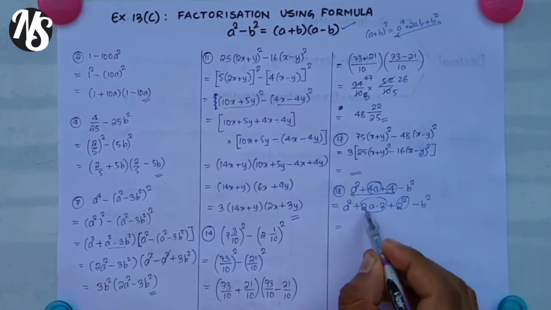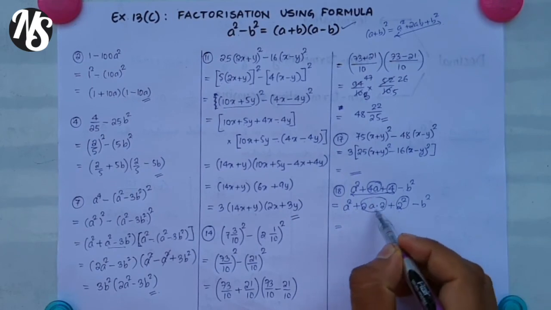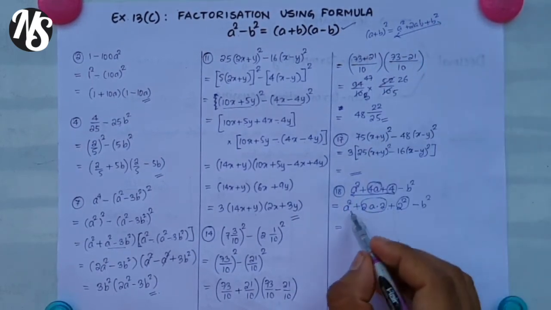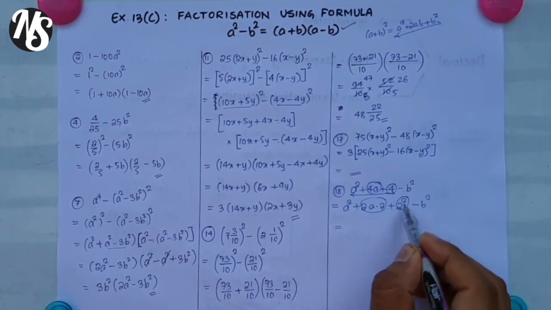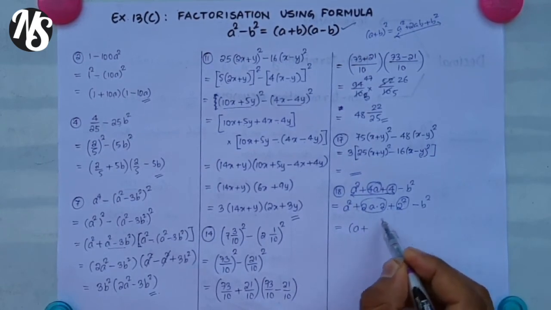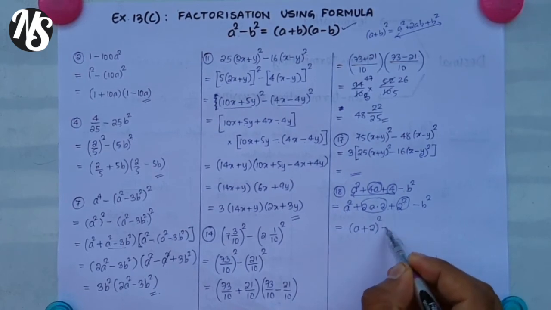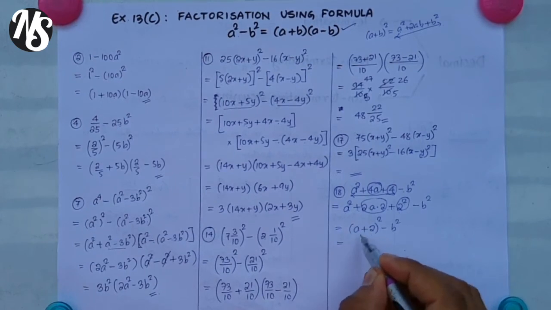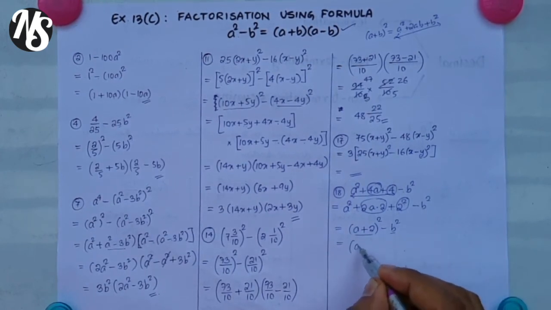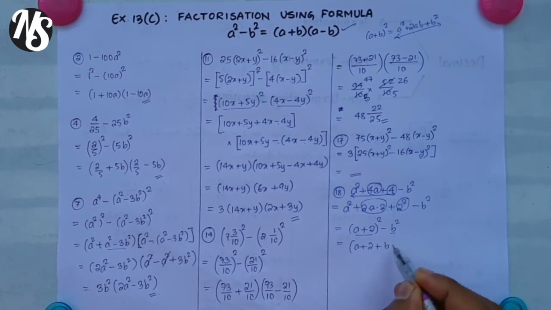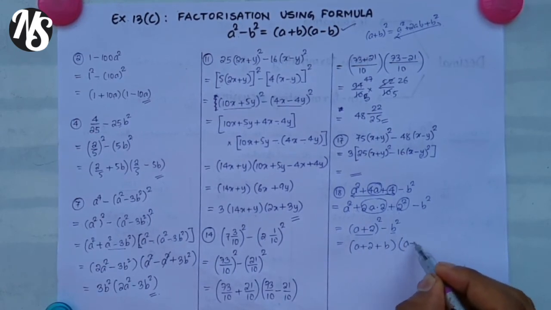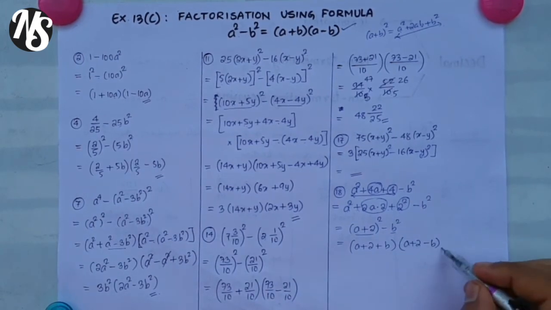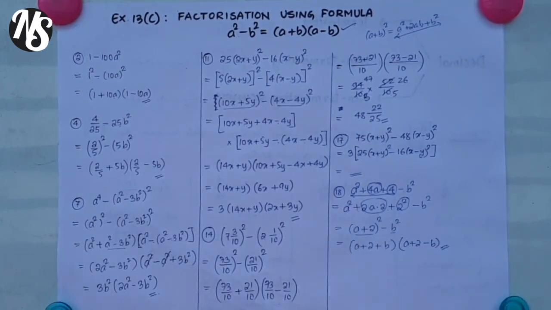A square plus 2ab plus b square is (a plus b) whole square, with b as 2, minus b square. Now the work is easy. This is your a, this is your b, so it becomes (a plus b) into (a minus b). This is your answer for this particular question.